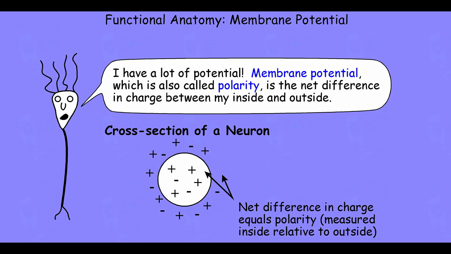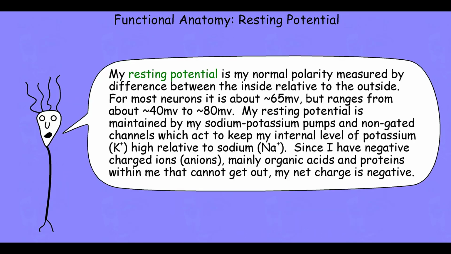And the average neuron is going to have a resting potential that is a homeostasis point where its net charge from the inside to the outside is at about negative 65 millivolts, though that can range from negative 40 millivolts all the way up to negative 80 millivolts. So this is the homeostasis point for the charge relative from inside to outside for our neuron.